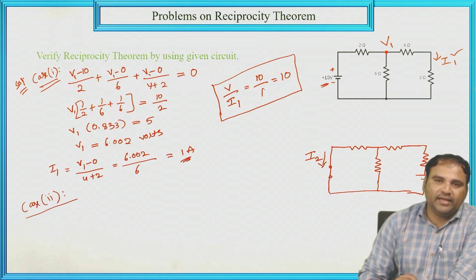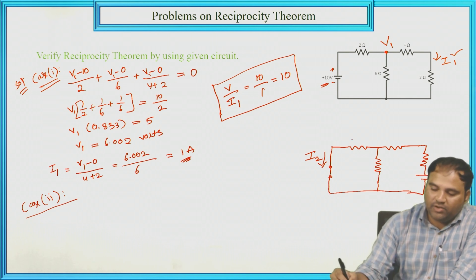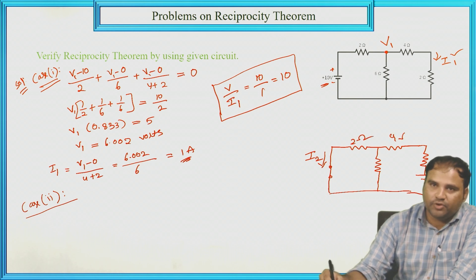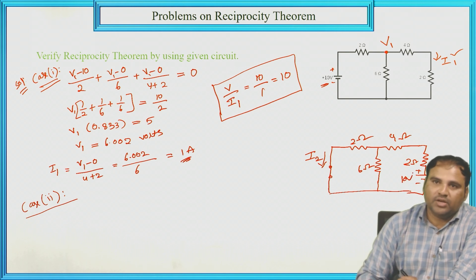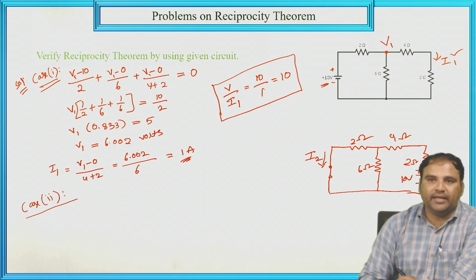Now we are taking the current as I2. Okay. Now the elements are: this is 2 ohm, this is 4 ohm, this is 6 ohm, and now this is 2 ohm, and the voltage source, plus minus, voltage is 10 volt. So now we have the voltage, that is 10 volt, right?